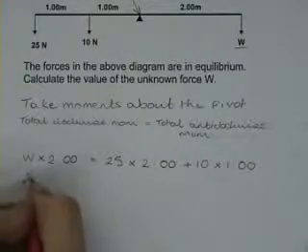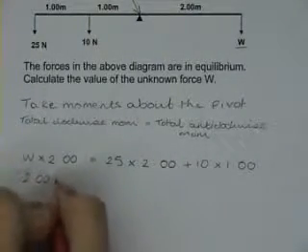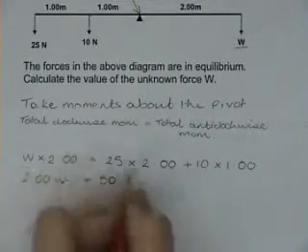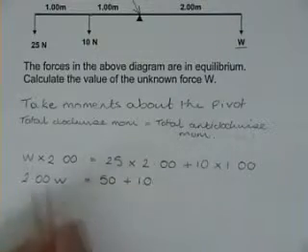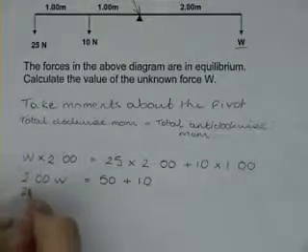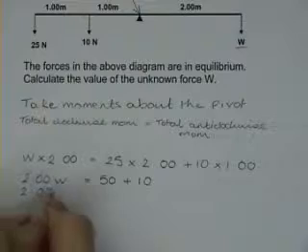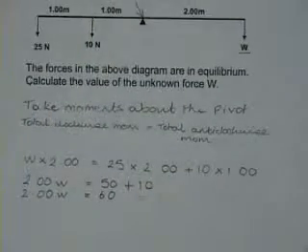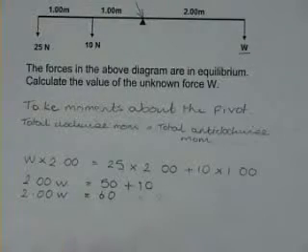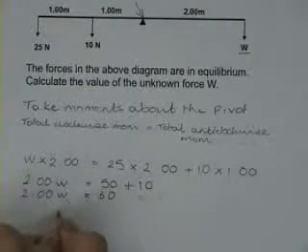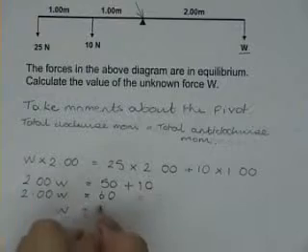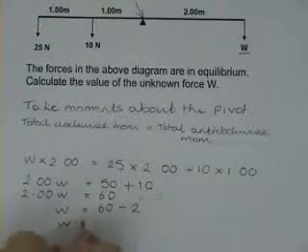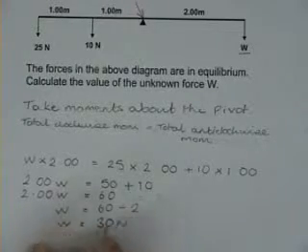So it'd be 2 times W, which would equal 50 plus 10. So 2 times the weight would equal 60. Therefore, weight would equal 60 divided by 2. So the weight would equal 30 newtons.